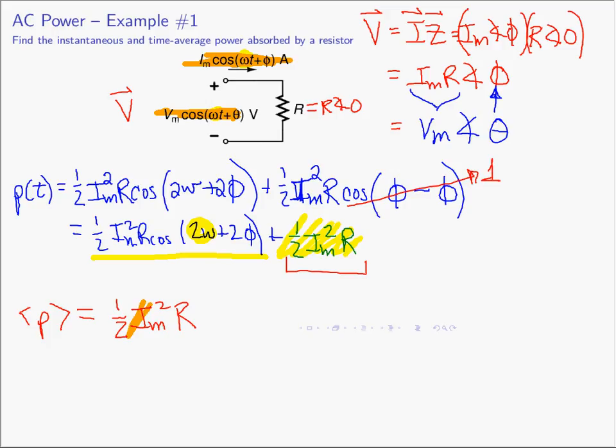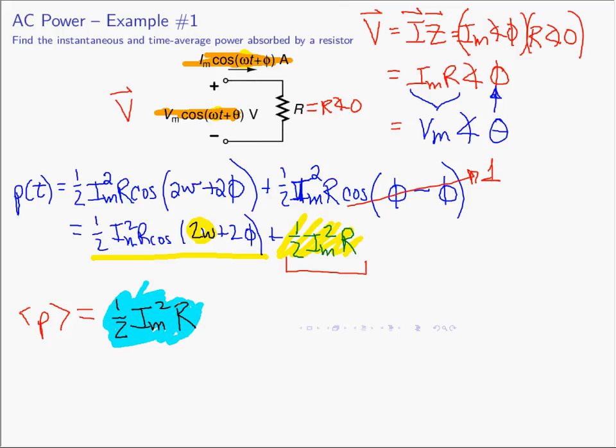It's also I squared r, but you see that the I squared r has this 1/2 term out in front, so don't forget to put that on there, 1/2 Im squared r.